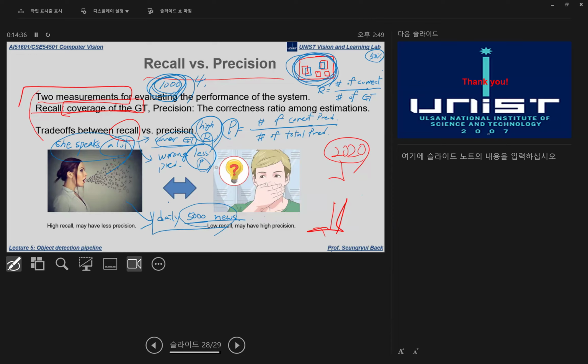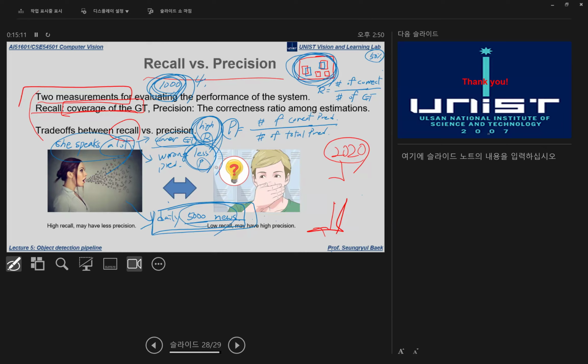That's similar to the AI system. If an AI system predicts a lot, there's a high probability of intersecting with the ground truth, so the samples could be correct. There is a high probability of capturing all the ground truths, but the remaining predictions might be wrong. So those kinds of systems may have high recall but less precision.